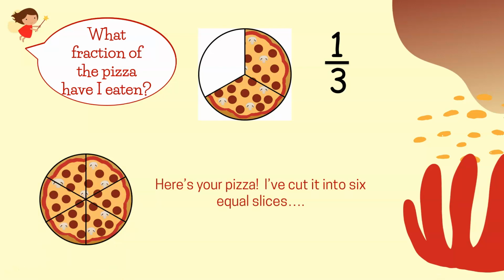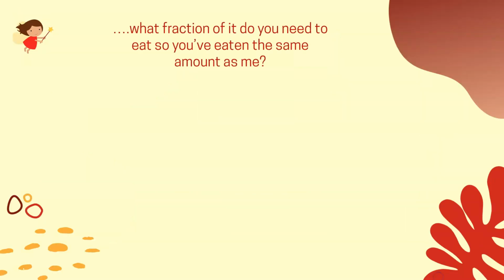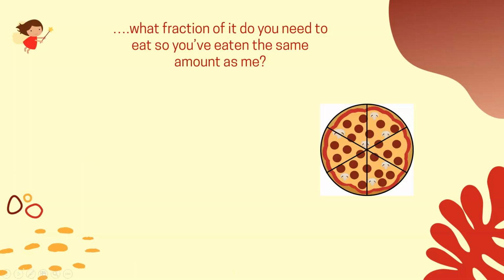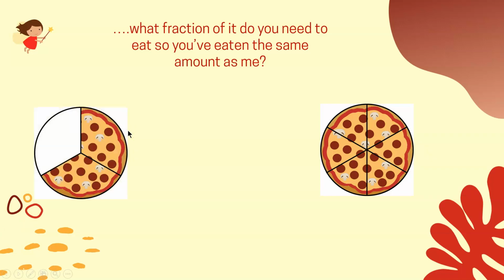Here's your pizza. I've cut it into 6 equal slices for you. What fraction of your pizza do you need to eat so you've eaten the same amount as me? Remember, I've eaten 1/3 of my pizza.